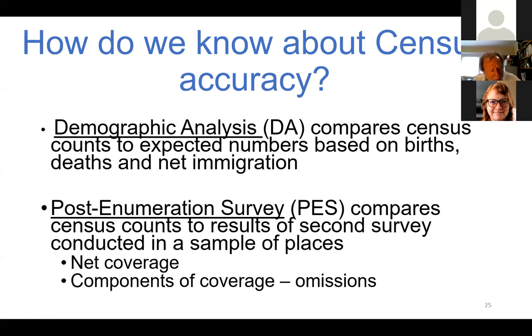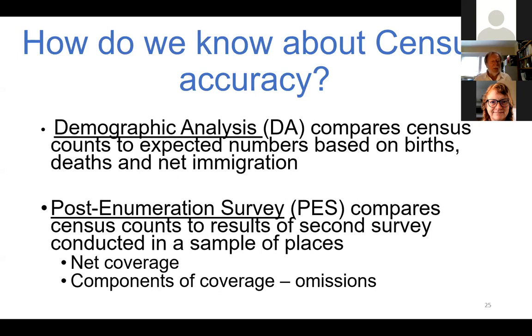There are two methods the Census Bureau uses to gauge the accuracy. One is called demographic analysis, which compares the census counts to expected numbers based on births, deaths, and net migration. The Bureau has this ongoing accounting that they keep track of how many people are here based on births, deaths, and net migration. The second method is called the post-enumeration survey, or PES.